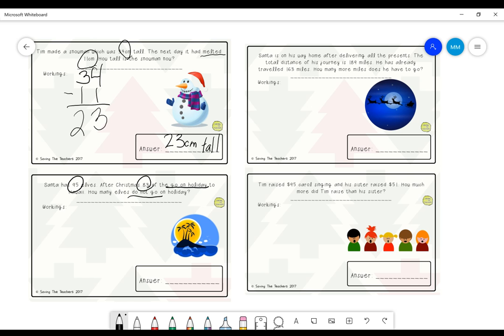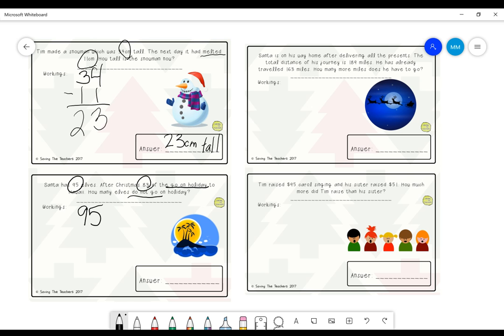So how many elves did Santa start with? What is our whole number, Smarties? 95. So in the North Pole, there are 95 elves. After Christmas, 83 of them leave to go on holiday to Hawaii.